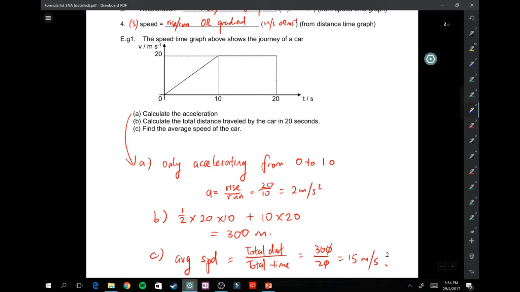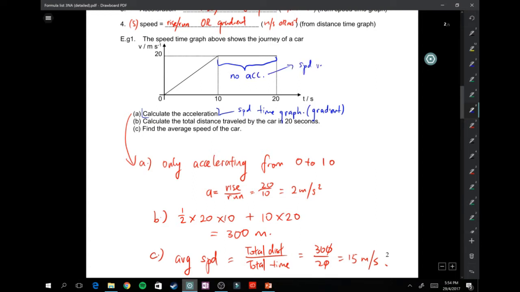First, when we want to calculate acceleration, we have the speed time graph, and we can deduce the acceleration from the gradient of a speed time graph. Now, what you would like to ask yourself is, at this point there is no acceleration, because speed is constant.